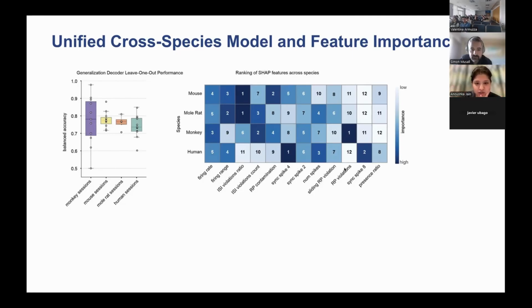For human, it is sync spike 4, and for monkey, it is RP violations. And what I can say is that the firing rate has the minimum sum if you sum it.